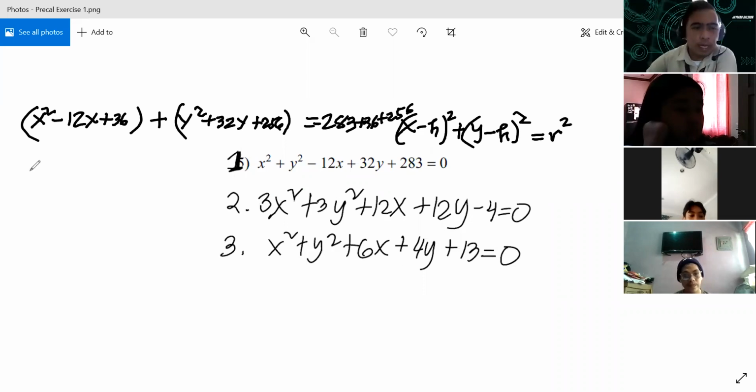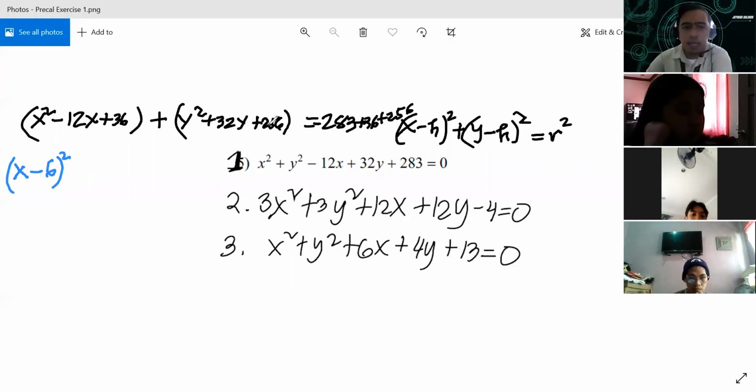Okay, let me change color into blue to make it clear. So this portion becomes x, since this is negative, minus the square root of this, which is 6, and you take the square. And on the other side, it will be plus y. This is positive, so it is plus.